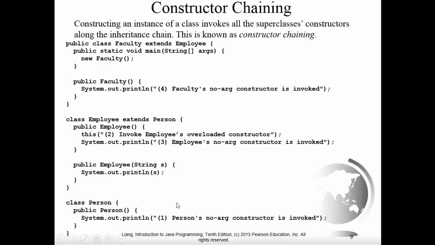Now, when we create an instance of an employee, we are going to run this constructor here, public employee, and it says in this constructor, this, meaning this instance of the employee, and it's going to print out, number 2, invoked employee's overloaded constructor, and to print out employee's no-arg constructor is invoked.